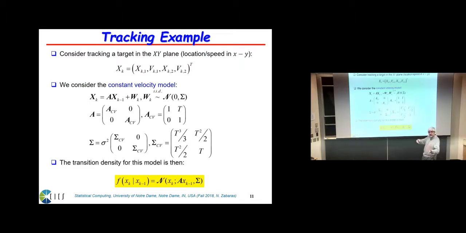This sounds like an explicit integration scheme the way that I have written it. It doesn't have to come from any integration scheme, right? But basically, this is what's called a constant velocity model, and you can write it in a compact notation like that. The details on the noise looking like this are not important for this course. So the dynamical model, the probability of xk given xk minus 1, is a Gaussian with a mean A xk minus 1 and a covariance sigma that is defined by this matrix.